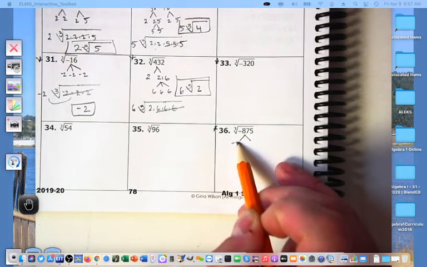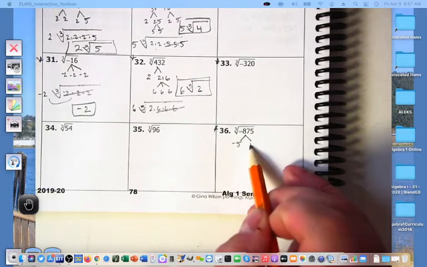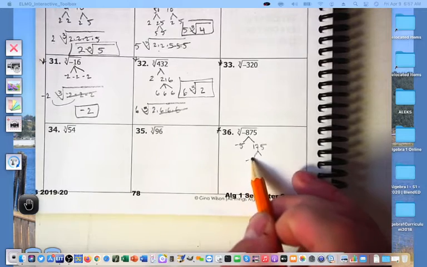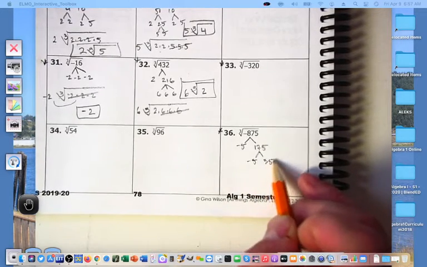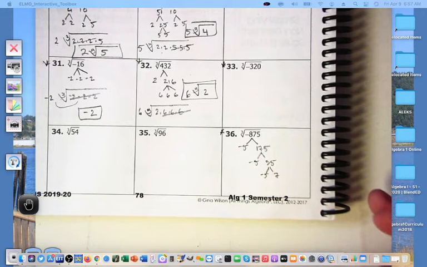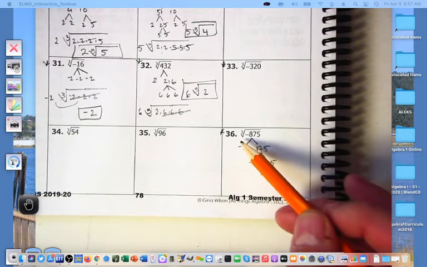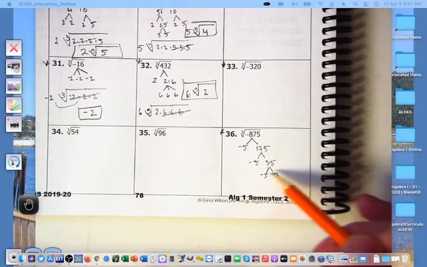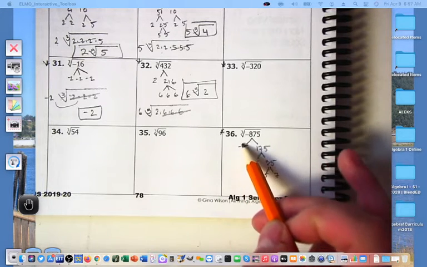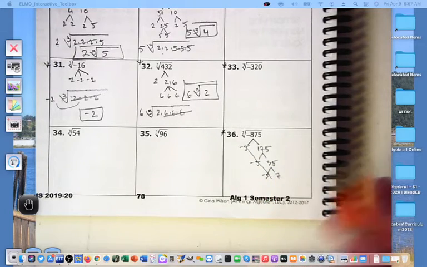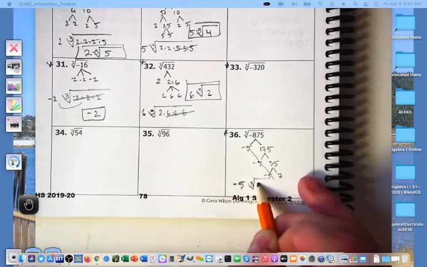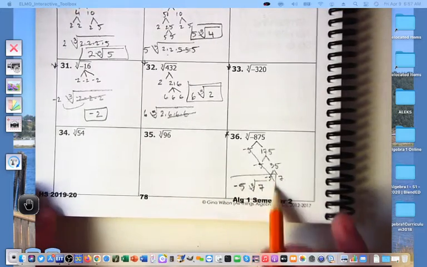So I did negative 5 times 175. 175 breaks down into negative 5 times 35, and 35 breaks down into a negative 5 times 7. If I remultiply negative 5 times negative 5 times negative 5 times 7, I would get negative 875. I see that I have a group of 3 negative 5s here, so they go to the outside for negative 5 cube root of 7 as my final answer.